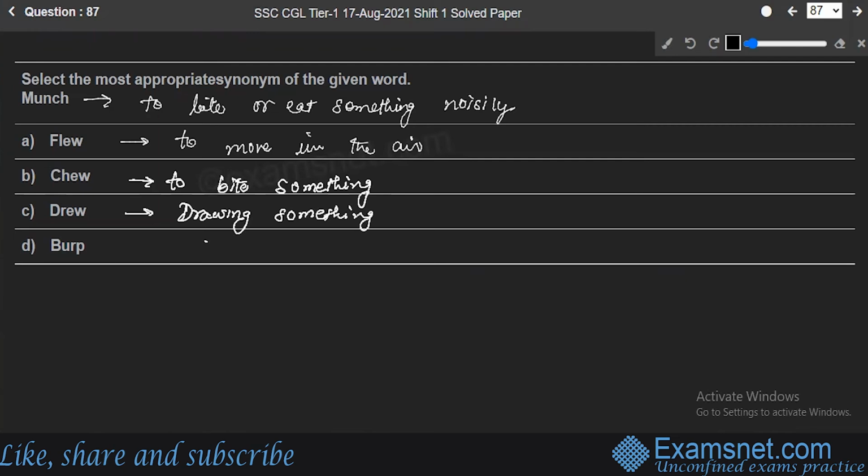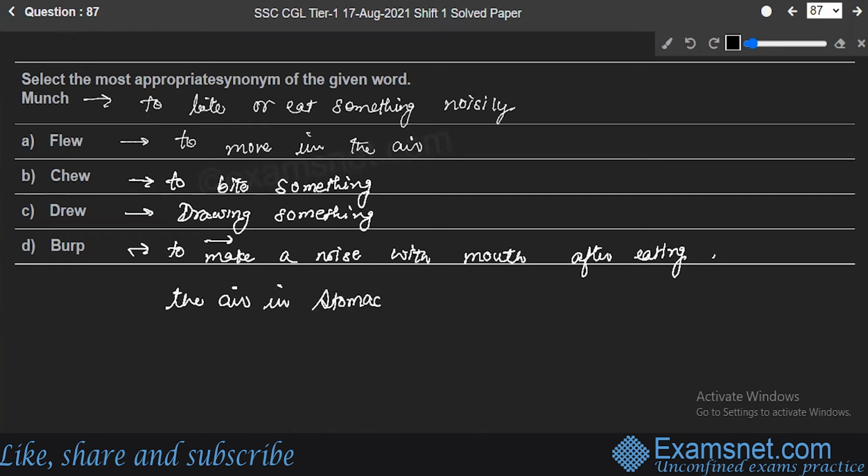And the word burp means to make a noise with the mouth after eating. Like when your stomach is full, the air which is present in the stomach is forced out through the mouth.